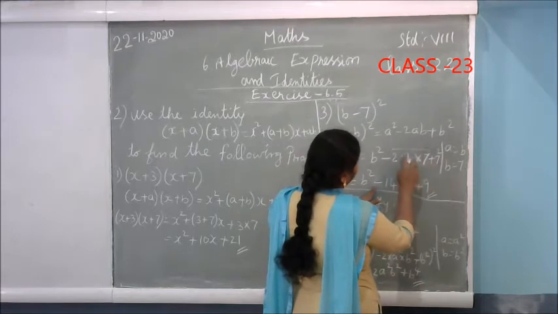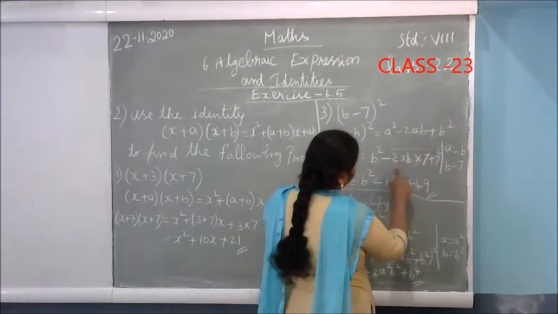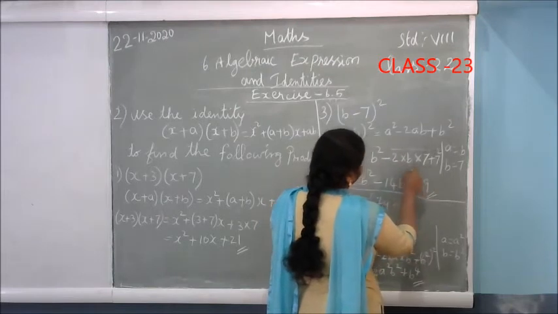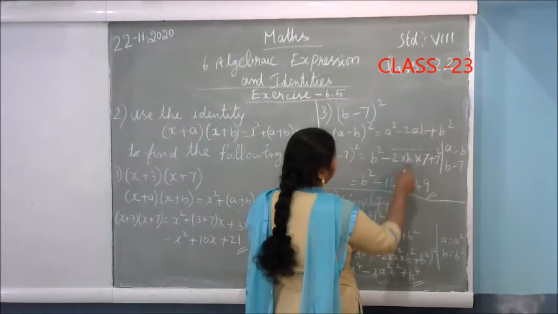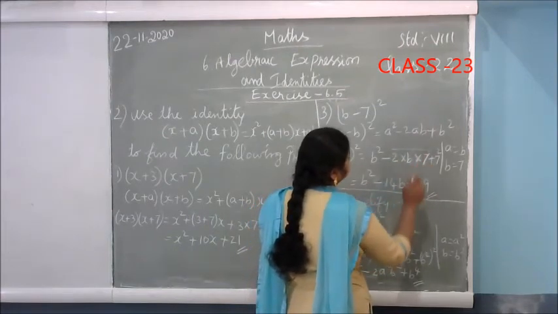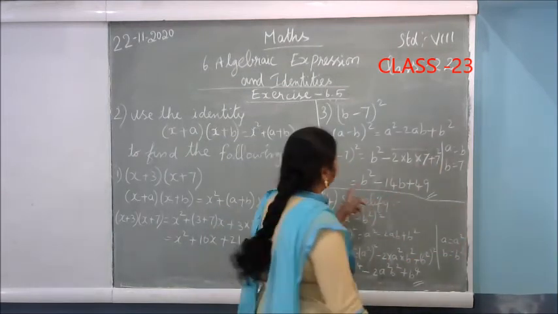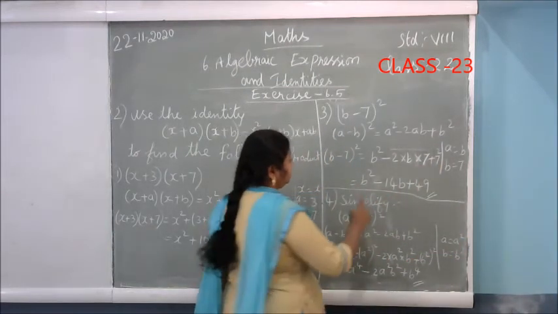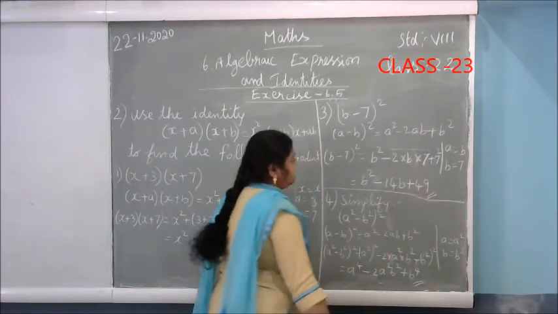First the numbers you should multiply: 2 into 7 is 14, and b will come, so minus 14b you will get. And 7 squared is 7 into 7, 49. So at last the final answer you got is b squared minus 14b plus 49.